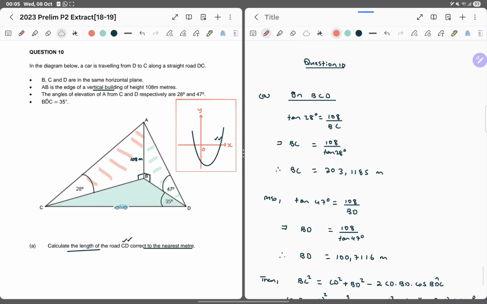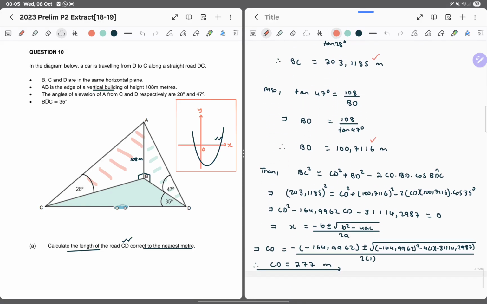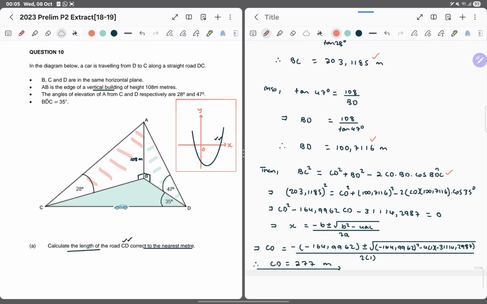If we were just going to mark these, I think the size of BC, the size of BD is key. Setting up the cosine rule in this specific structure, as much as it's a rule, but to be specific about the diagram is quite a skillful way to think about it. And then the substitutions, of course, in general.